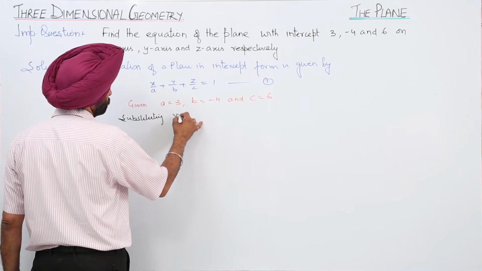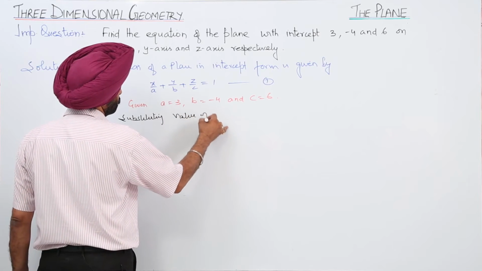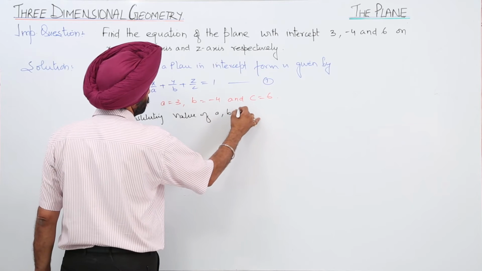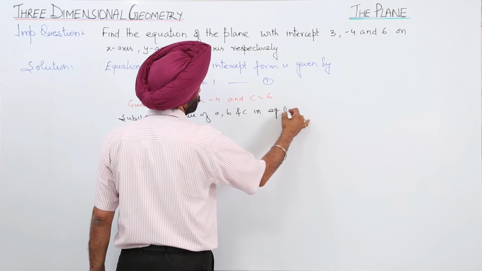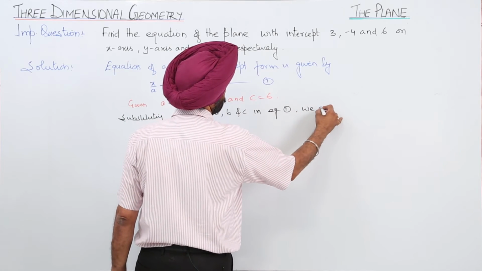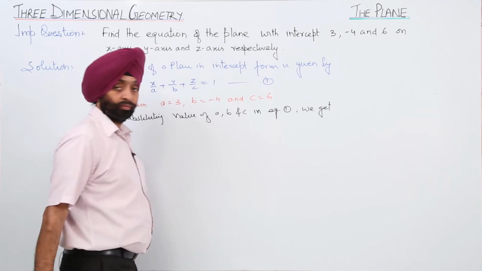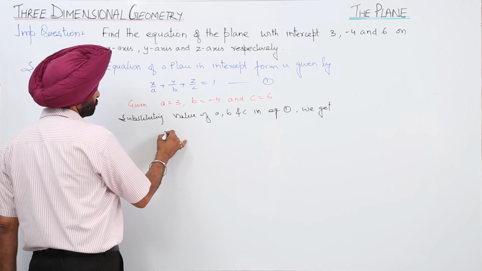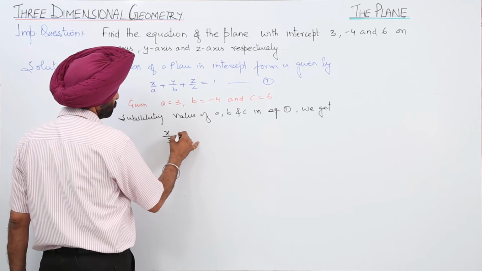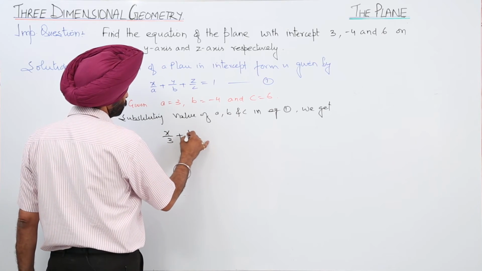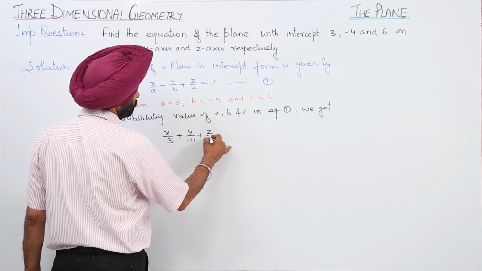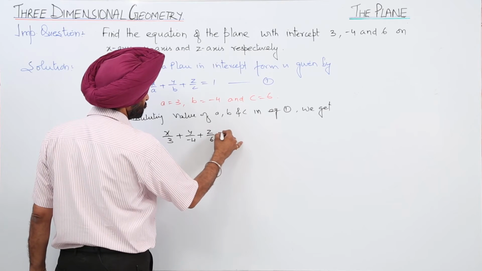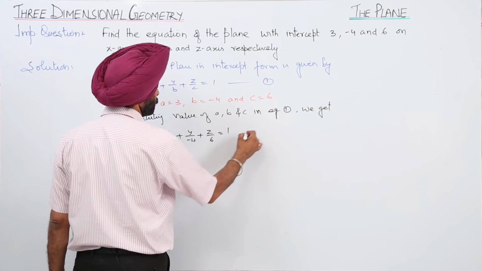Substituting values of a, b and c in equation 1, we get x upon 3 plus y upon negative of 4 plus z upon 6 is equal to 1.